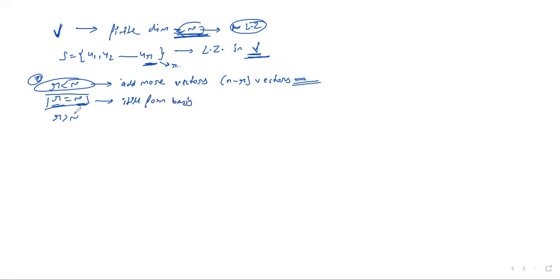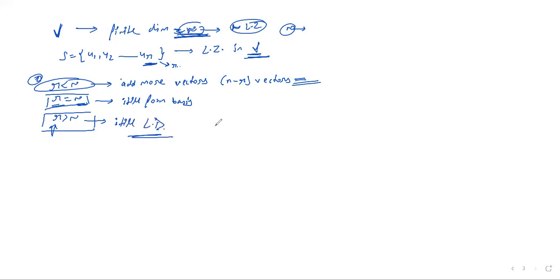In the third case, where r is greater than n, we have n as the maximum number of linearly independent vectors in vector space V, so we can have only n linearly independent vectors. If I have r greater than n, then it will be linearly dependent. We have studied this in the previous theorem.